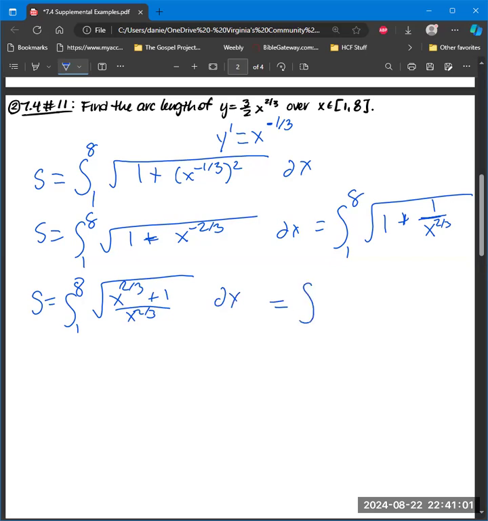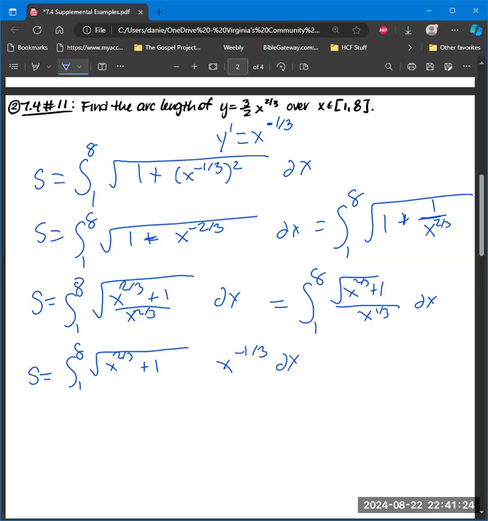This is the integral from 1 to 8 of the square root of x to the 2/3 plus 1 over x to the 1/3 dx, so s is the integral from 1 to 8 of the square root of x to the 2/3 plus 1, times x to the negative 1/3 dx.